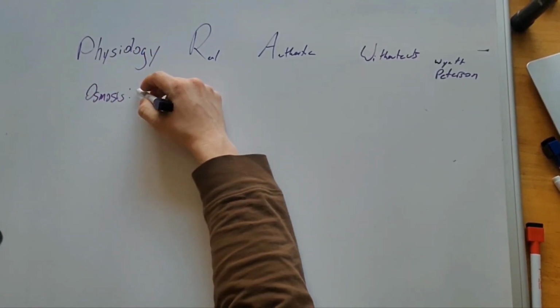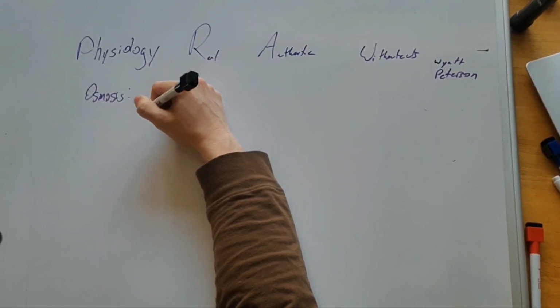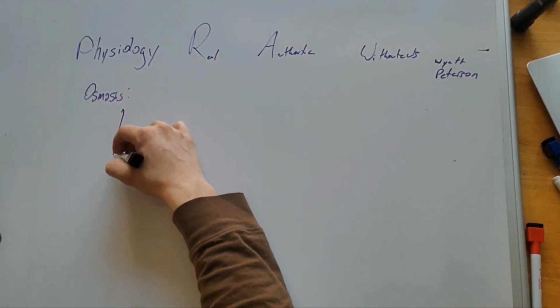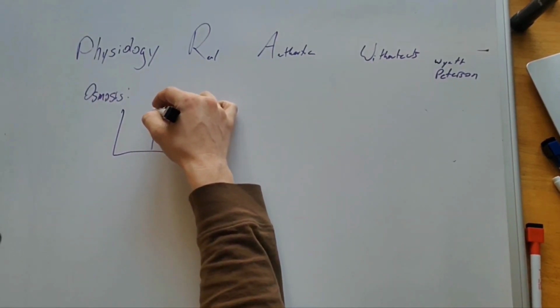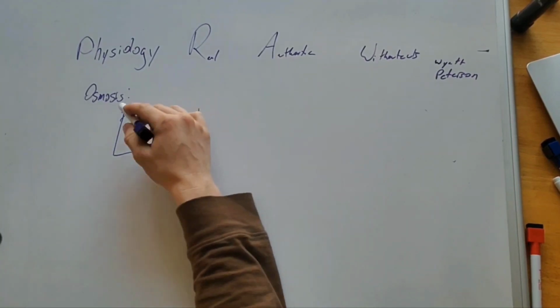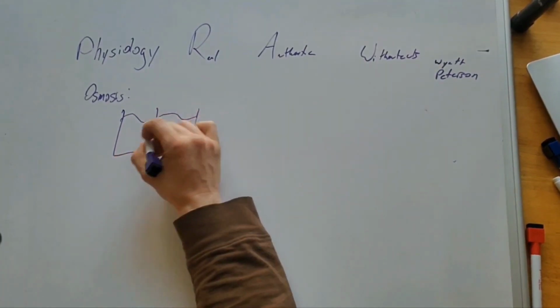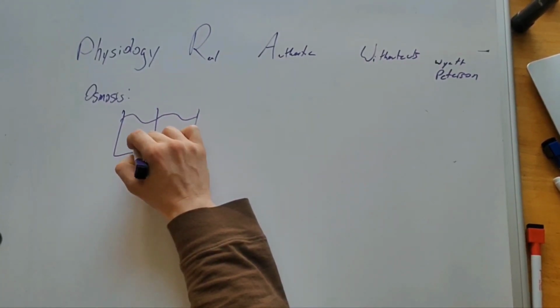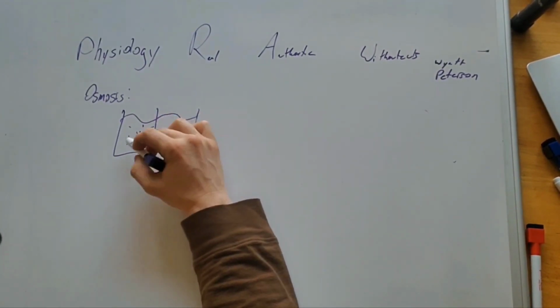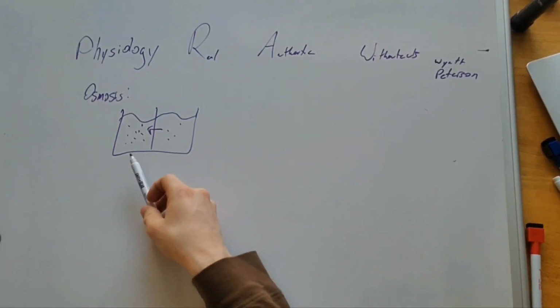So osmosis is the diffusion of water through a water permeable membrane. This is a water permeable membrane. So ions and other particles can't get through it. So what water wants to do is go towards higher concentrated ion solutions.